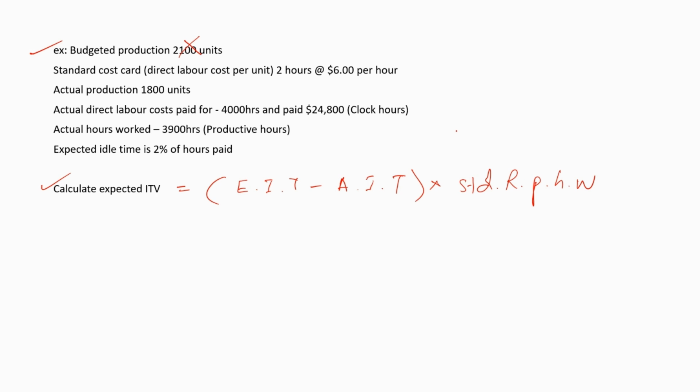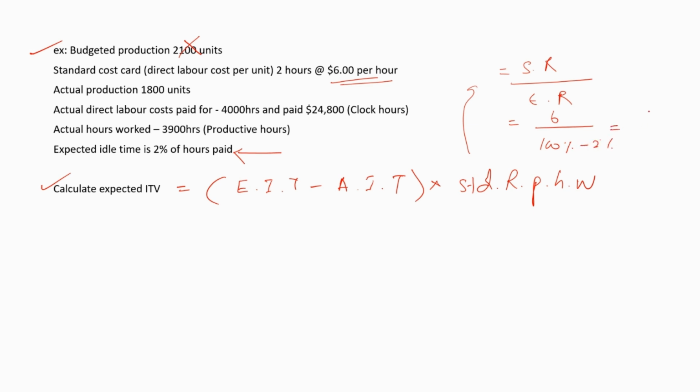First of all, let's calculate the standard rate per hour worked, which is equal to the standard rate divided by the efficiency ratio. The standard rate is $6 per hour. So 6 divided by the efficiency ratio. They have given the expected idle time as 2% of hours paid, so the efficiency ratio is equal to 100% minus 2%.